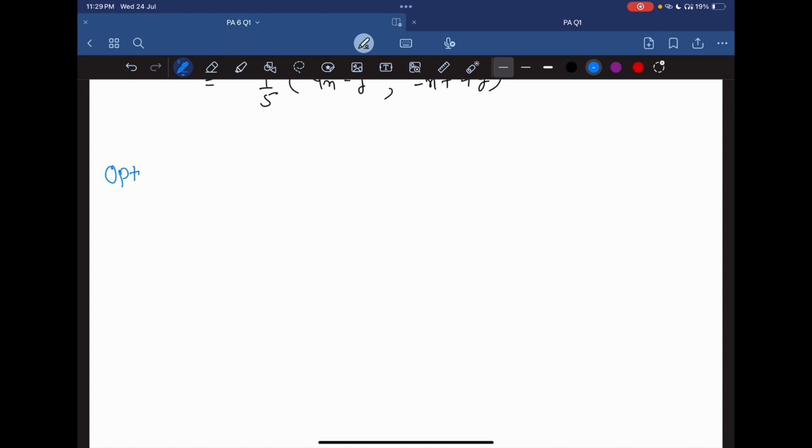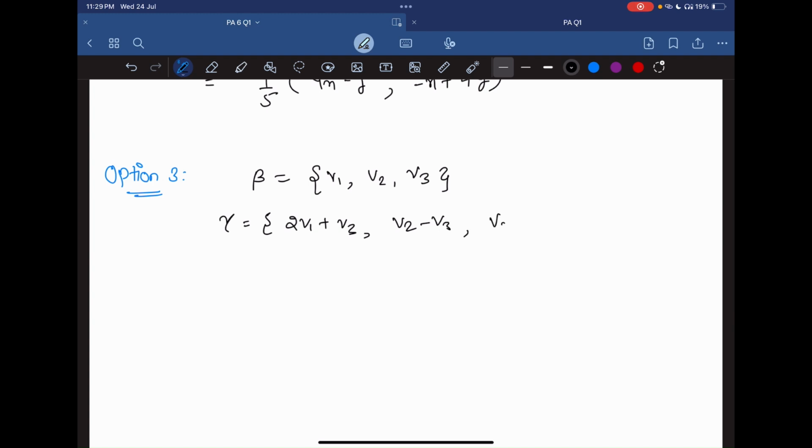Option 3. So we have given beta as V1, V2, and V3, and gamma is 2V1 plus V3, V2 minus V3, and V3 minus V1.